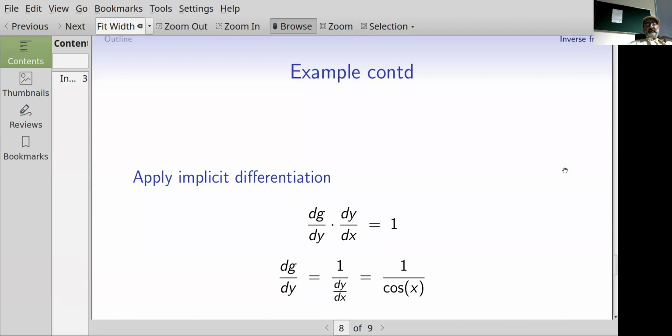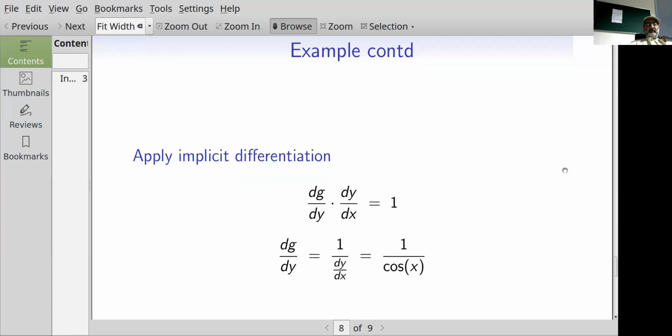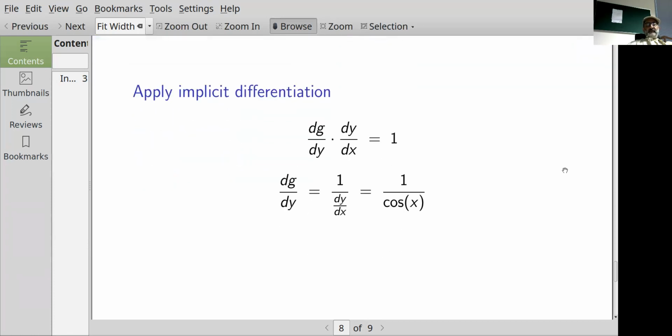Now y was the sine function, sine of x, so its derivative is cos of x. So you get that the derivative of the inverse function with respect to its argument is 1 over the cos of x. Now you want the derivative of g at 1/2. Okay, you want the derivative of g when y equals 1/2.